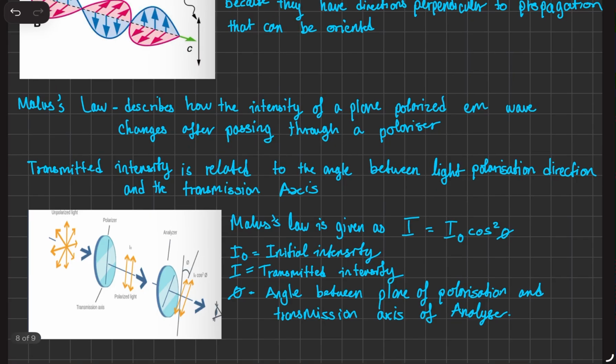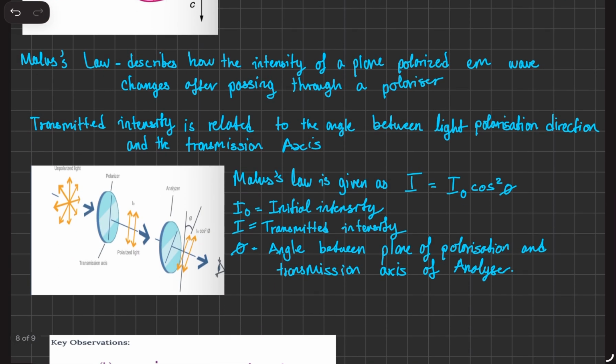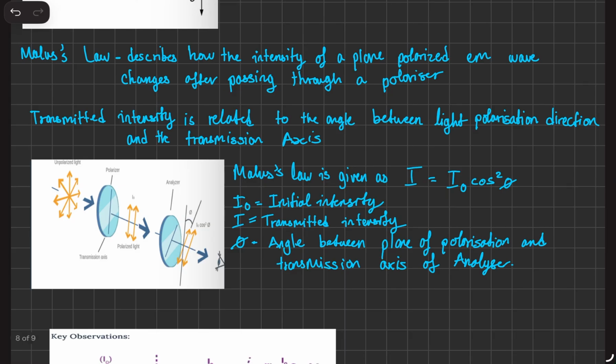Malus's law describes how the intensity of the polarized EM wave can change after passing through every individual polarizer. The transmitted intensity is related to this angle. It's the angle between the light polarization direction and the transmission axis. The transmission axis is this one, and it has to deal with the angle created by this analyzer.